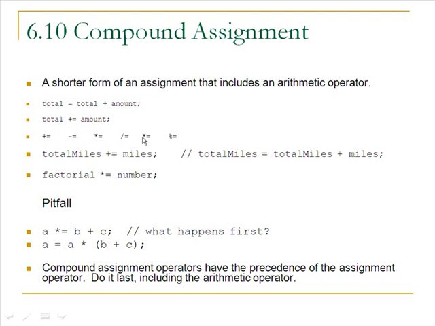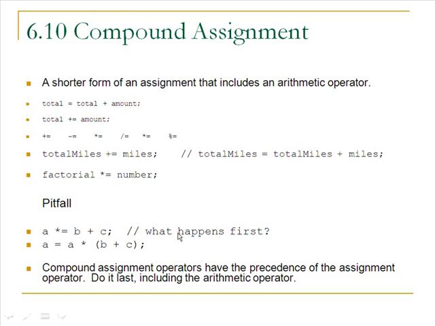There are only 5 corresponding to the 5 arithmetic operators: plus, minus, multiply, divide, and modulus. So here's another example of plus gets, and here's an example of multiply gets. So this is a short form of factorial gets factorial times number.